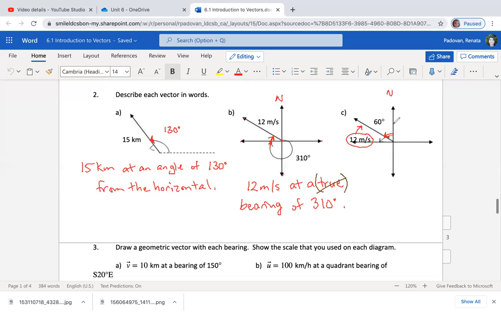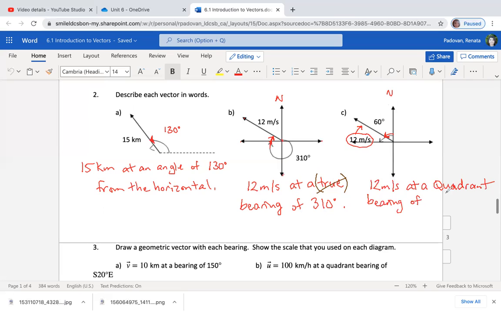So right away, hopefully you notice that I'm not going clockwise. Well, if I'm not going clockwise, that's a pretty clear indicator that it has to be the other one, right? Quadrant bearing then. So again, you have your magnitude first. So I'm going at a length of 12 meters per second at a quadrant bearing of, and then slow down here, you have to start with north or south.